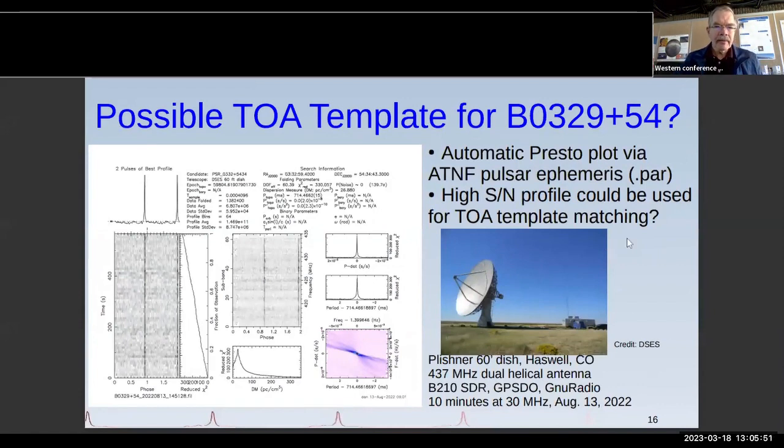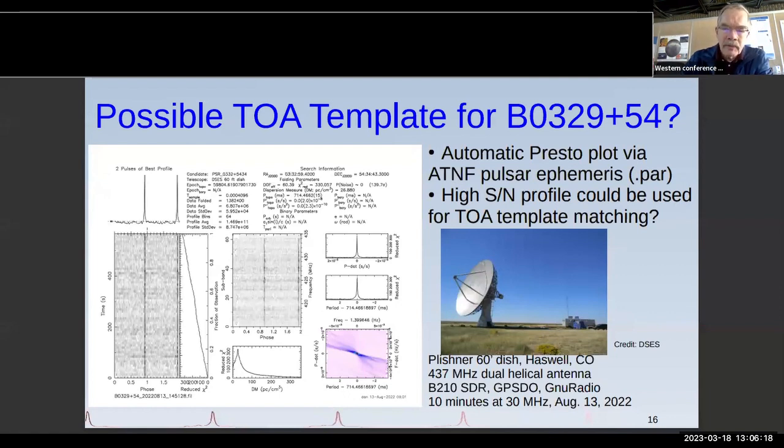And you might be wondering, how in the world did I get down this rabbit hole anyway? It started last fall down in Haswell, where we have an open house, and we had a group of people there, and we had just changed. So we have a 60-foot dish, and we had just changed our feed. Ray Uberekin had made a 437 megahertz dual helical antenna, and it was for an experiment we were doing, and we were just tuning it up.